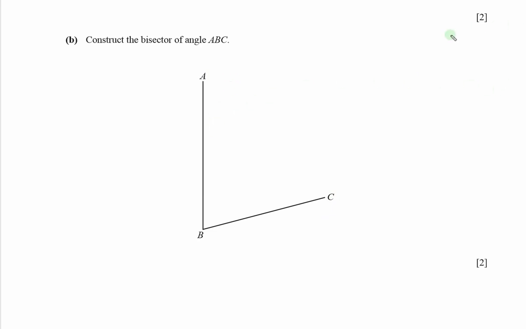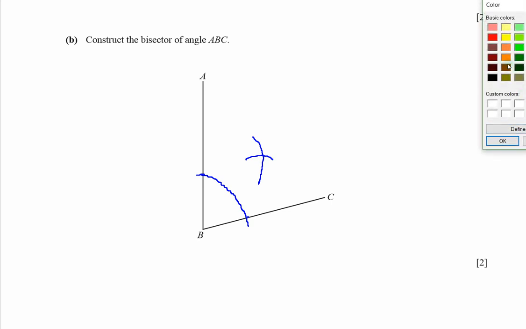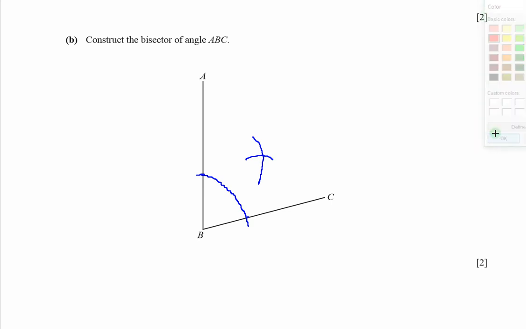So what you do is, first you do this, and from here you create one arc, from here you create another arc. Okay, that's it. The red line will be called the angle bisector of angle ABC.